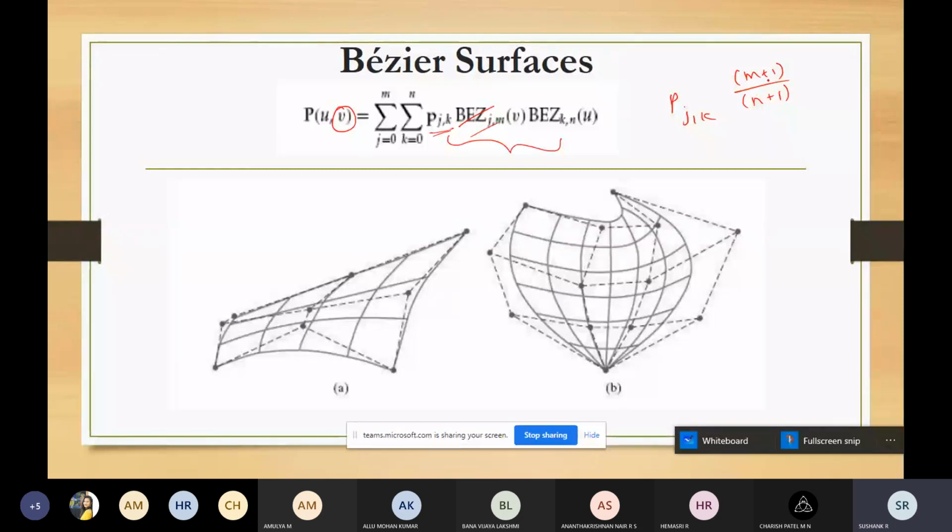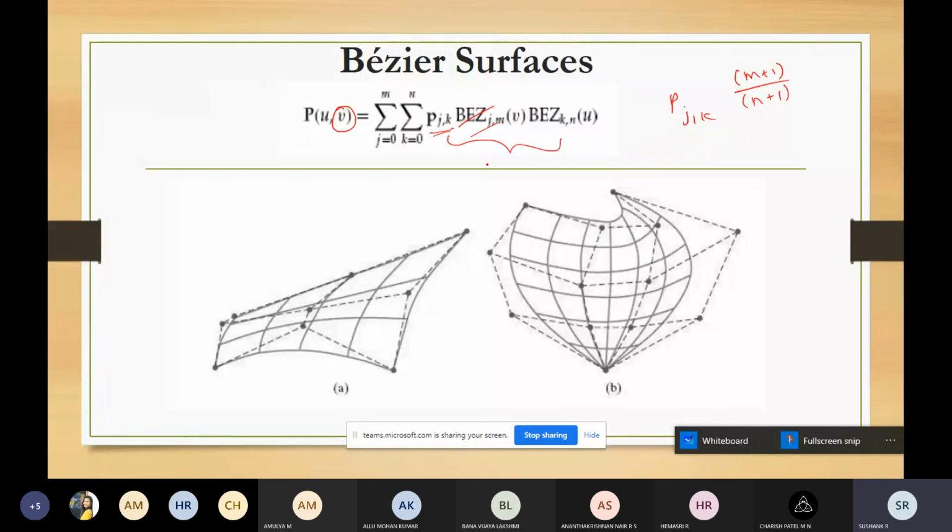We have these two examples, where the dashed lines are used to connect the control points, and the solid lines are represented with respect to the constants u and v. So the dashed lines are used for connecting the control points, and the solid lines are used for connecting these constants u and v.